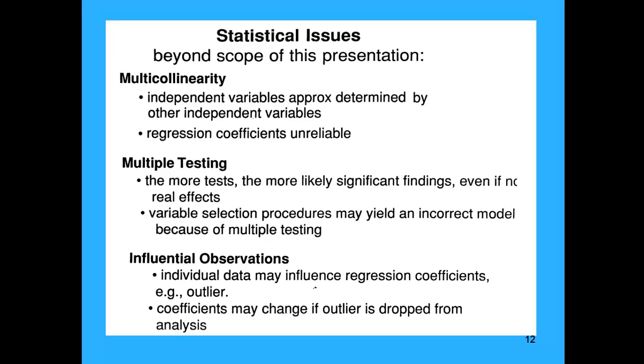Now, I have this slide, and it says statistical issues beyond the scope of this presentation. What this means is, when you're talking about this whole process of trying to get the best model, I've got this strategy, 3 stages. There are some other things you also have to worry about somewhere in the process as you're doing those 3 stages.